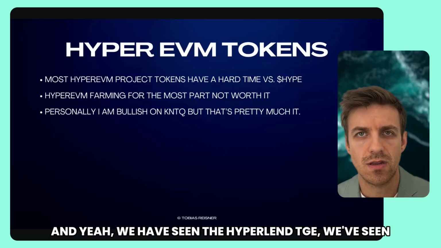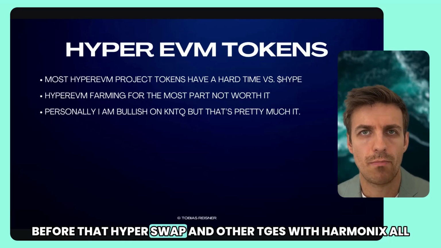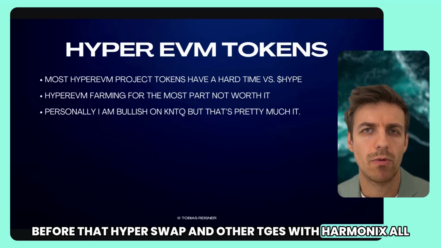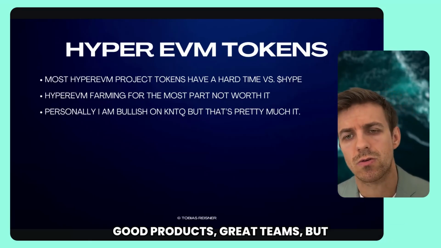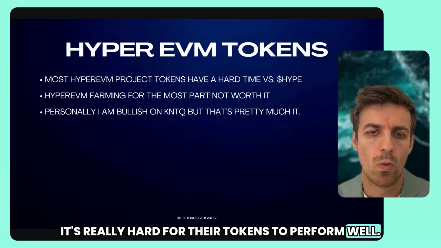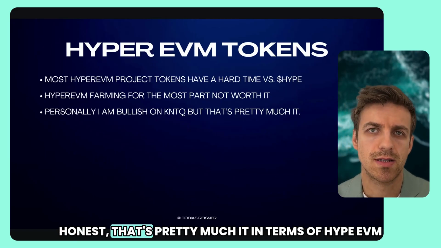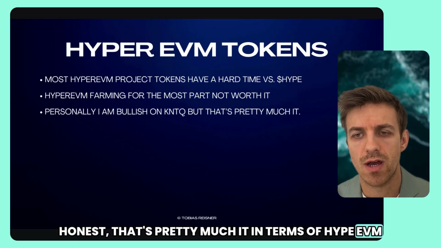And we have seen the Hyperland TGE. We've seen before that HyperSwap and other TGEs with Harmonix. All good products, great teams, but it's really hard for their tokens to perform well. So personally, I'm still bullish on Kinetic, but to be honest, that's pretty much it in terms of HyperEVM tokens.